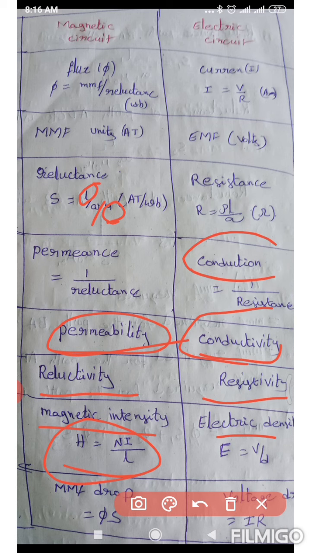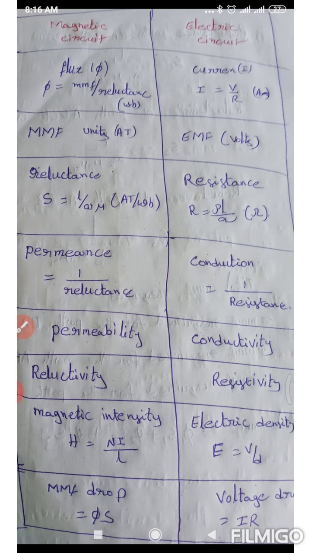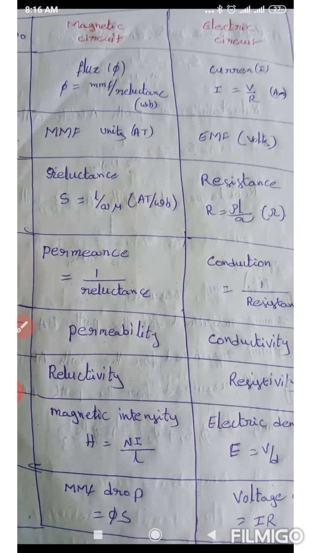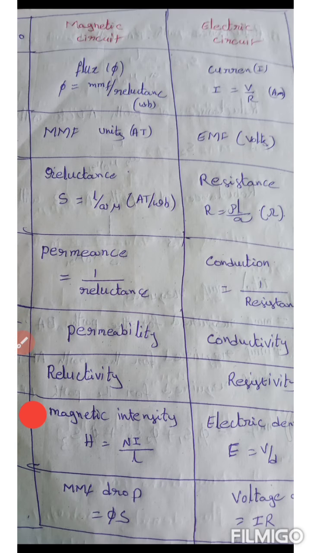Here N is the number of turns, I is the current flowing through the conductors, and L is the length of the wire. Next, in electrical circuit we consider voltage drop, which is equal to I into R. Similarly, in magnetic circuit we have the mmf drop, expressed as phi into S. So these are very important topics we have to remember.